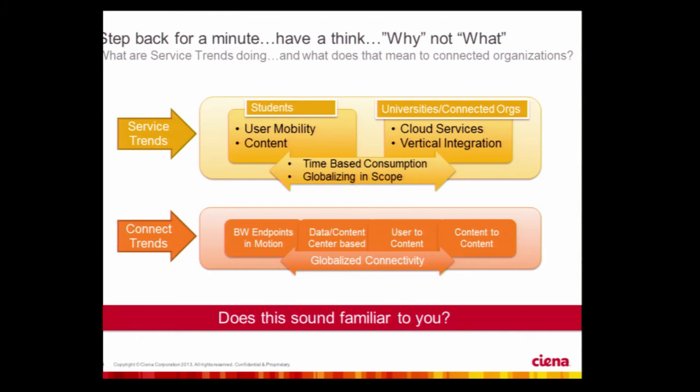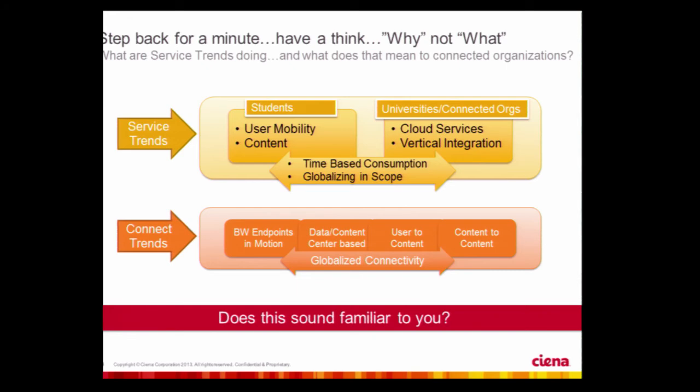In terms of universities and bigger organizations in the research and education network, we see a lot of demand for cloud services and also vertical integration, for example, for the IT infrastructure that they use. In terms of capacity, there's also time-based consumption. So you see at certain points of the day, or for example, when you're running a large experiment on measurement instruments, you see that between certain points a large capacity is required.